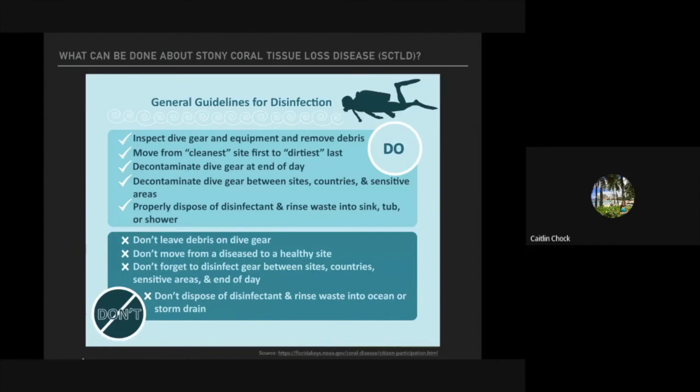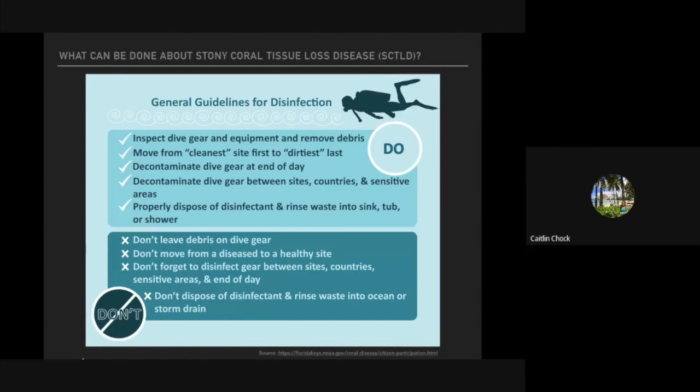In the detailed guidelines, it does give specific disinfectants and formulas for the, what's the word I'm looking for? When you mix it with water.